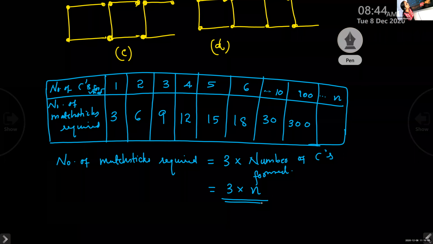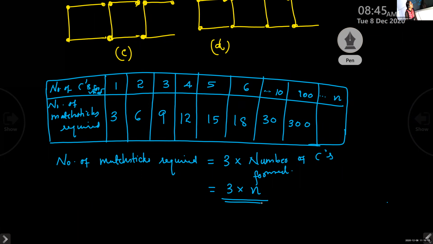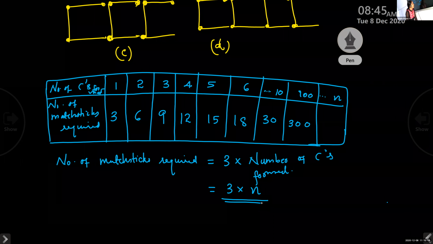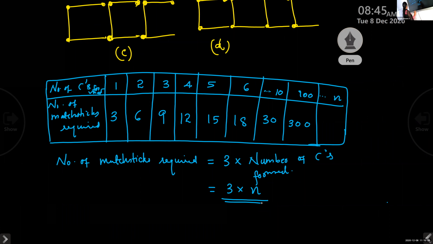If you find the rule, it is very easy for us to find the number of matchsticks used even for 1,000 C's. Clear, children? So it is easy if you substitute each value in this. That n is the number of C's formed. So this is the rule.